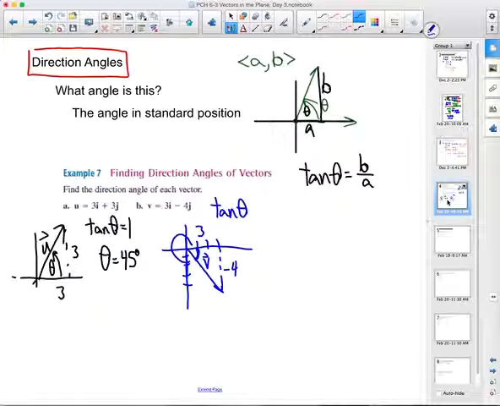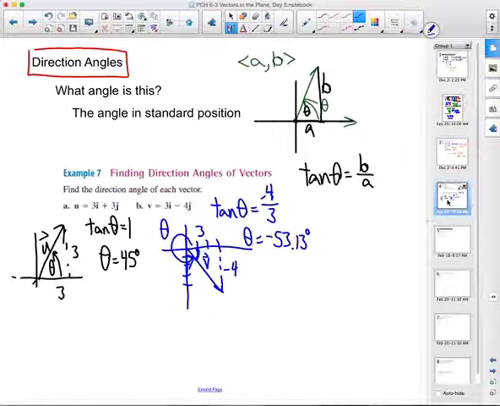We're looking for theta. Okay? But, because that's a reference angle, we can still consider the tangent of theta equals what over what? -4 over 3. And if you use the inverse tangent, what do you get? Negative 53.13. Okay.